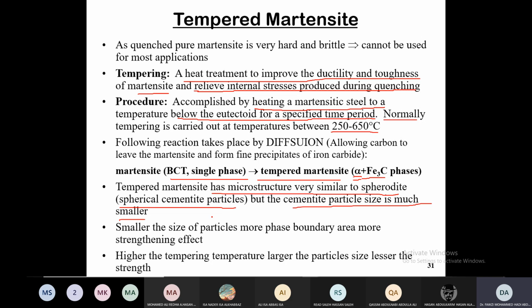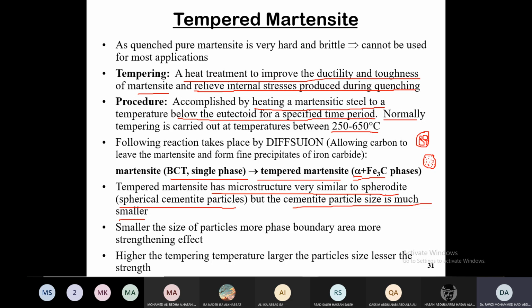This much smaller size of particles causes the development of much more. So if you have this microstructure, and let's say these are the particles of the cementite there, or in the other case, in the tempered martensite, you have much smaller particles like this.